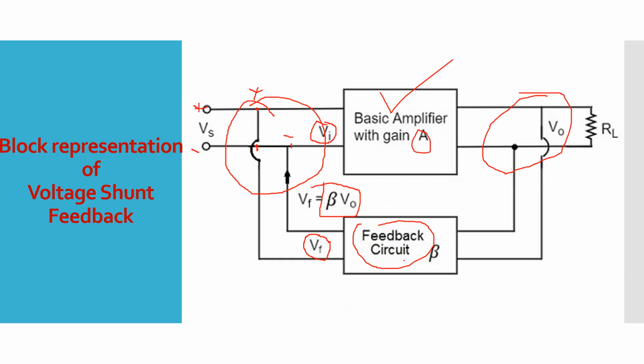And there is a feedback circuit with the gain beta, right? One more thing you should understand here, everyone: in the feedback circuit, your input is on this side, because the feedback circuit is taking the output as an input.